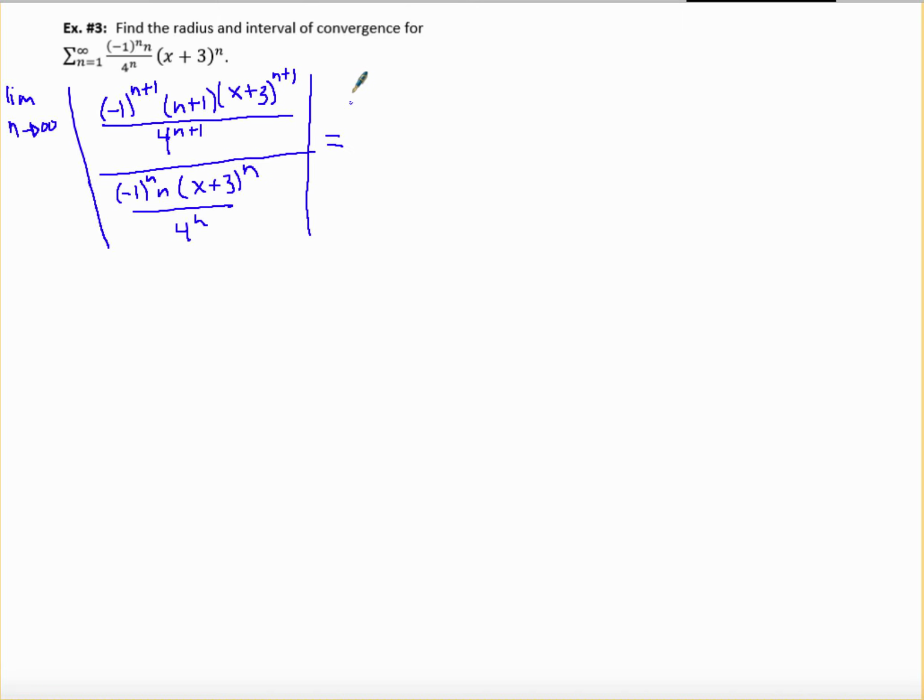Let's simplify. Here we go. I'm going to stretch it out. Negative 1 to the n power times negative 1 to the first power times n plus 1 times x plus 3 to the n power times x plus 3 to the first power times 4 to the n. Because this is a complex fraction, I'm going to multiply by the reciprocal.